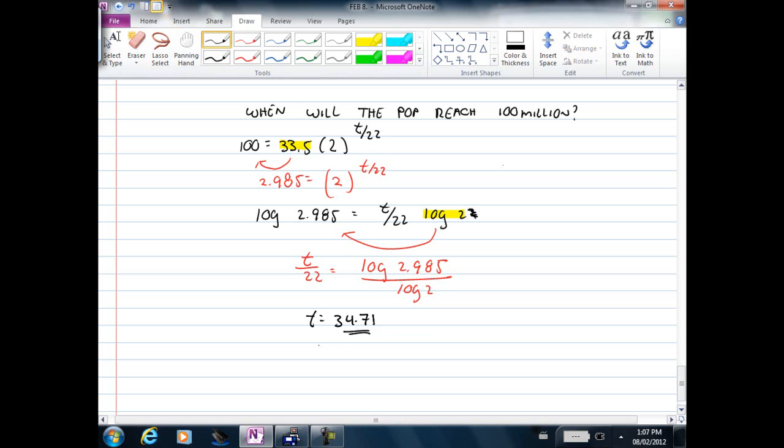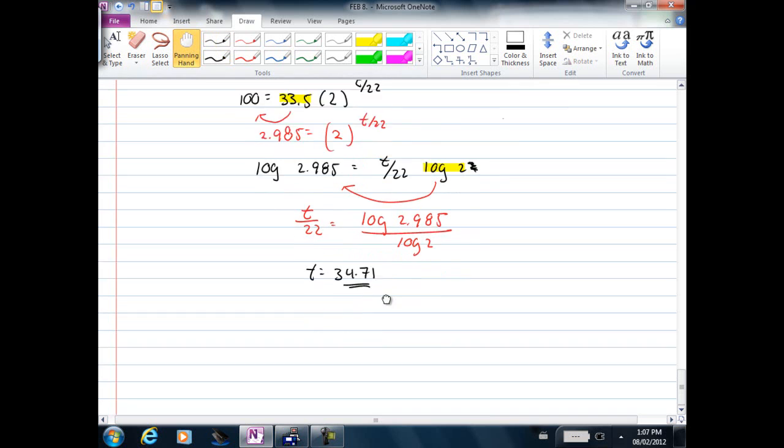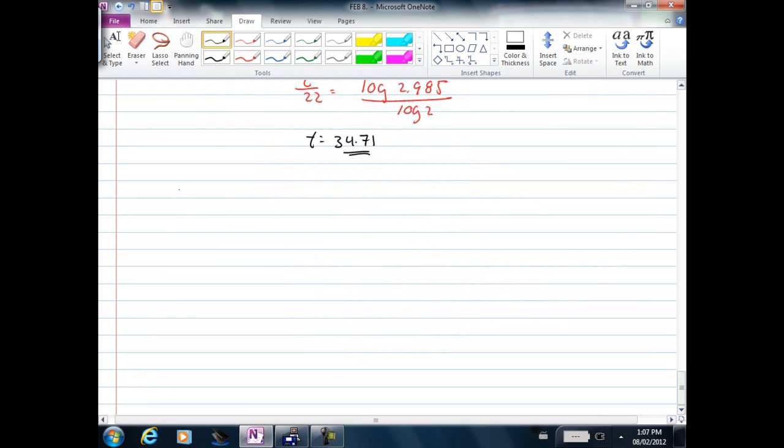But type 3, like I said, you need more practice. I'm going to give you another type, more examples with type 3. Try this one. Plutonium has a half-life of 30 minutes.